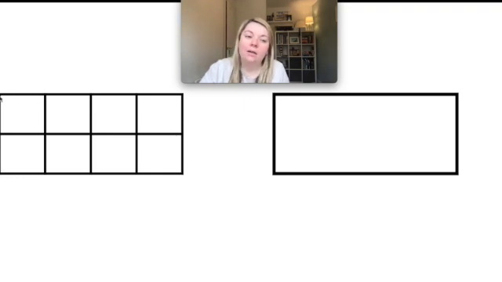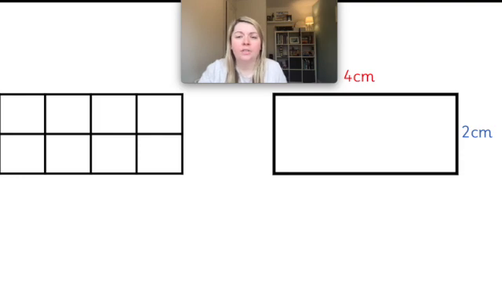And it's a rectangle, so if it's 4 centimetres here, it's 4 centimetres here. And if it's 2 centimetres here, then it's 2 centimetres here. So this image just shows the same shape, but the lines in the middle are missing. Because if you were doing a real life example, for example, turfing your lawn, you won't have centimetres squared paper and it would take too long to do that.